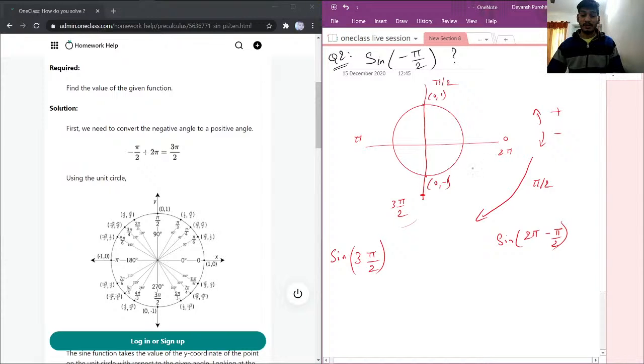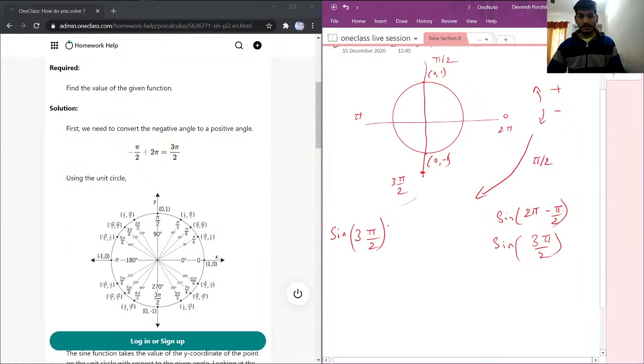Instead of going in clockwise direction, we will be going in anti-clockwise direction. I will take the LCM, so 4 minus 1, this will be 3 pi over 2. So analytically we get the same answer.